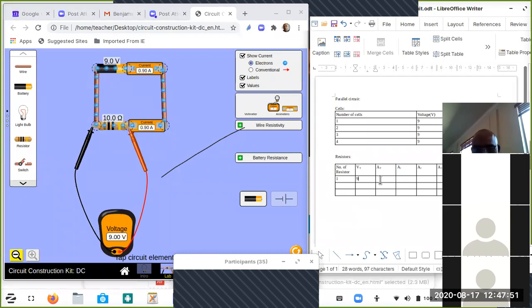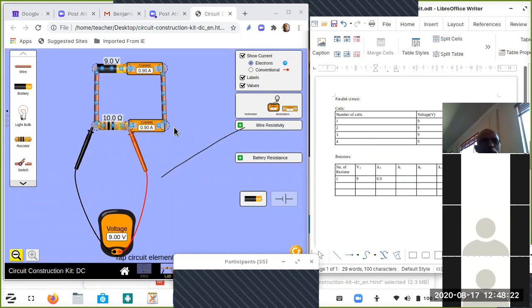Then we have got the total current that is going to flow through the circuit. This total current is the current that is flowing through the circuit, which is 0.9. As you can see, the ammeter next to the cell is 0.9, and the ammeter connected to the resistor is also 0.9.